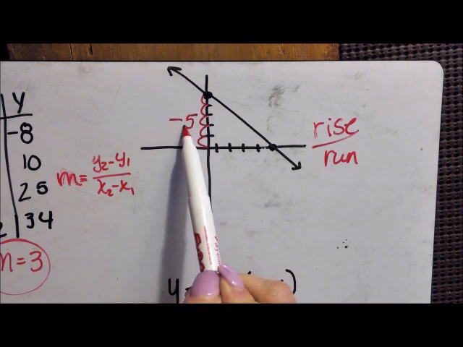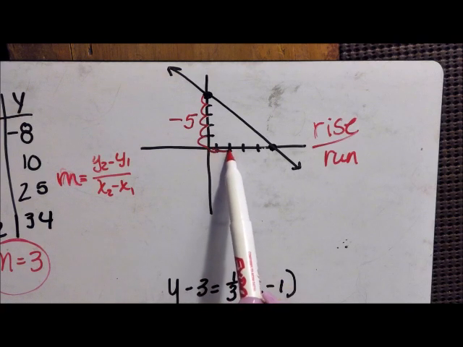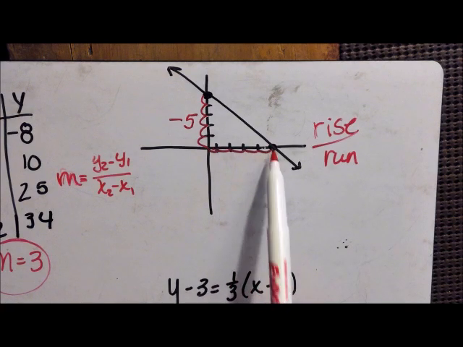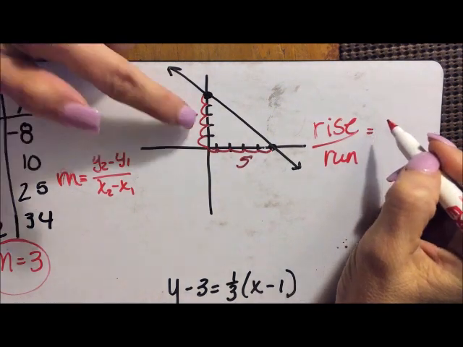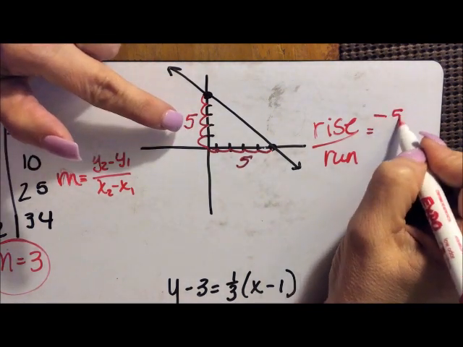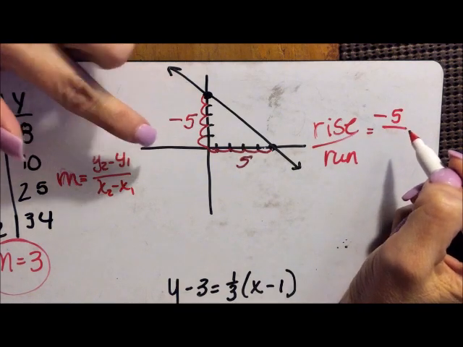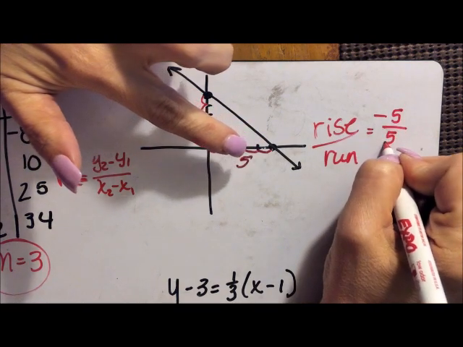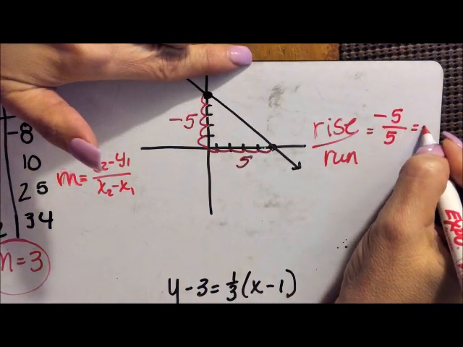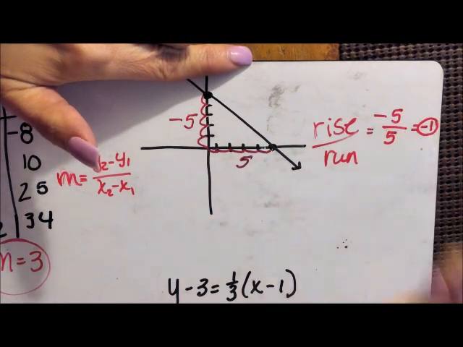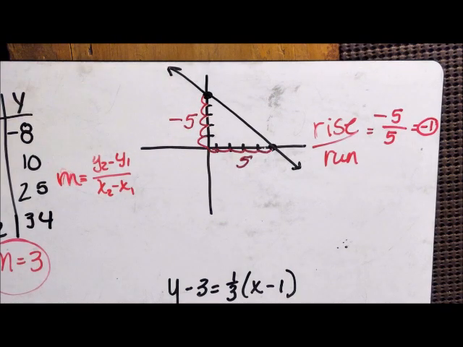So I go down 5 and over 1, 2, 3, 4, 5 and over 5. So rise over run, I rose up -5 or fall, and I ran over 5. -5 over 5 is the same thing as -1. I do want to simplify that.